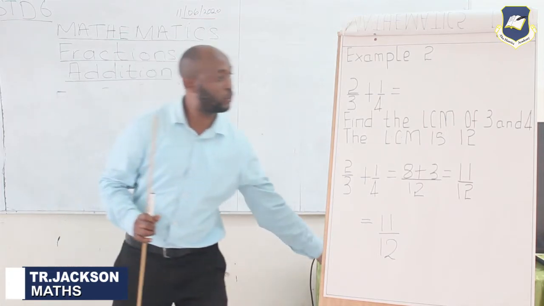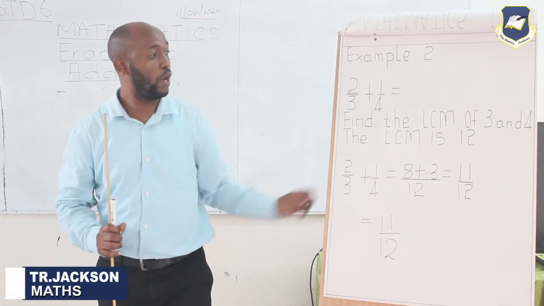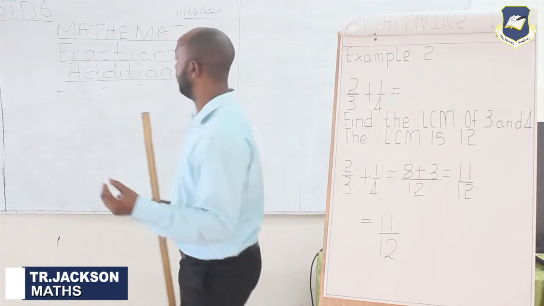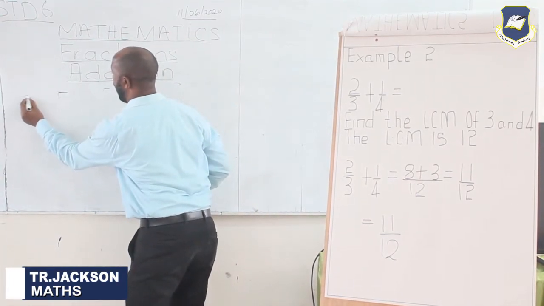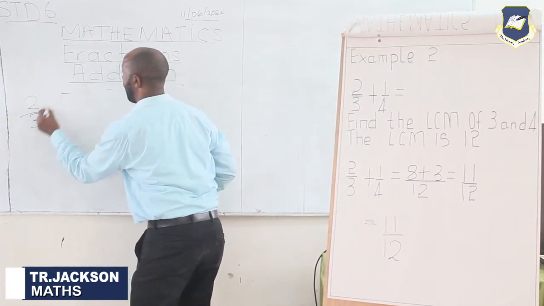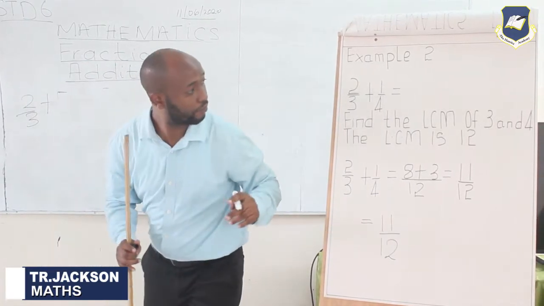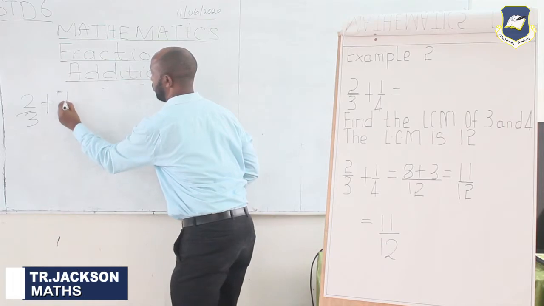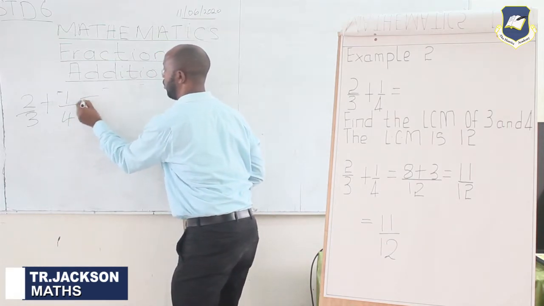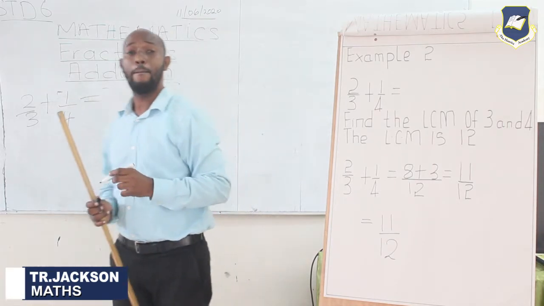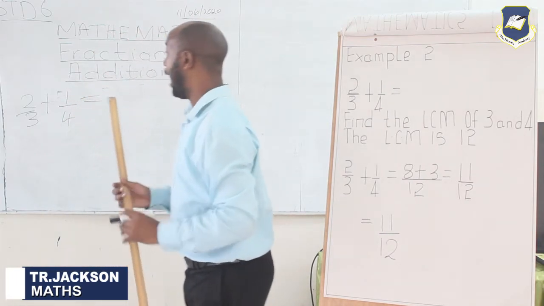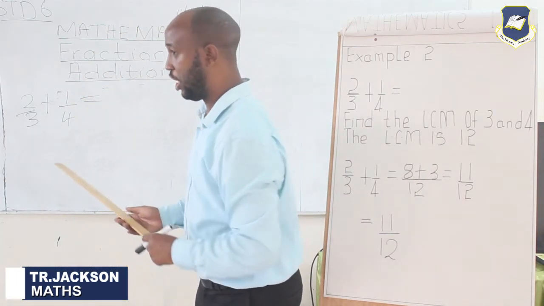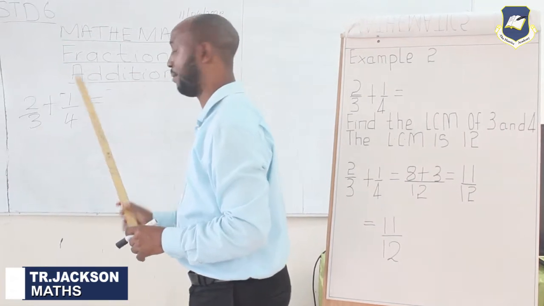In our example 2, we are going to have 2/3 plus a quarter. Again, check in the denominators whether they're the same.